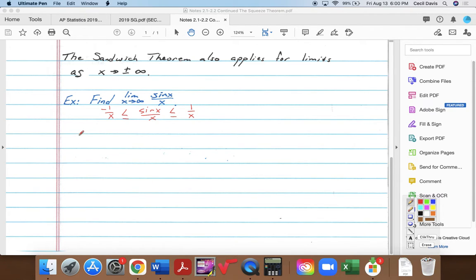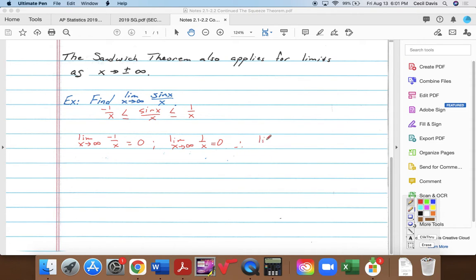So let's take a look then at the limits. The limit as x approaches infinity of negative 1 over x is 0. Likewise, the limit as x approaches infinity of 1 over x is also 0.